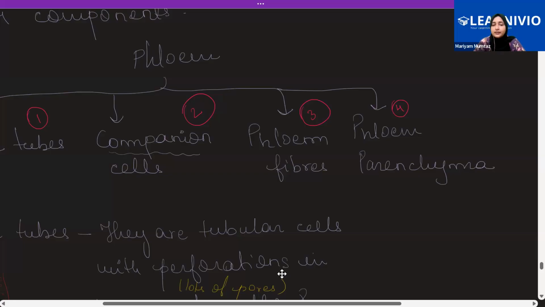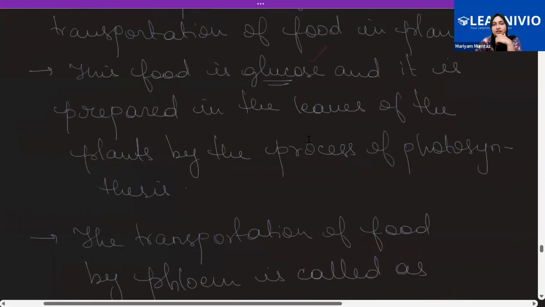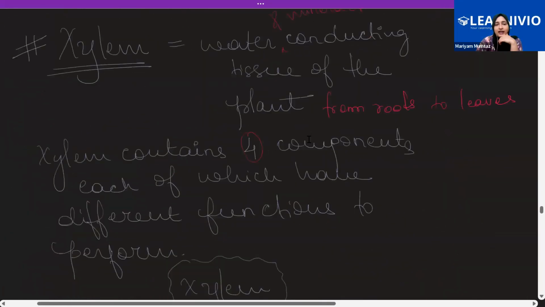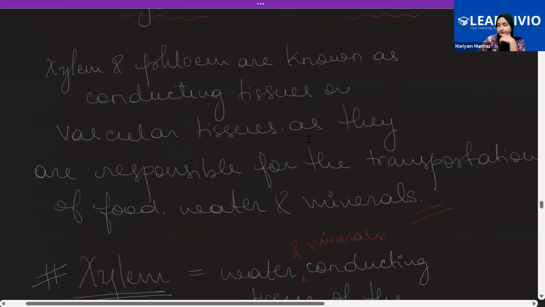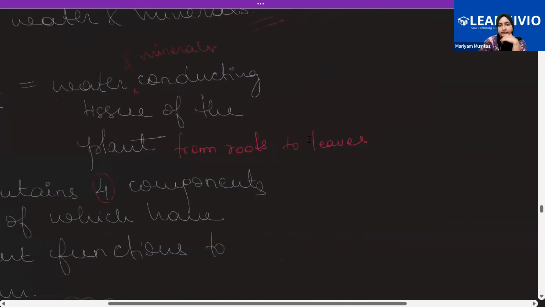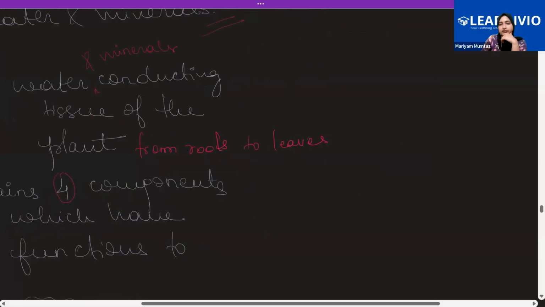So always remember that the transportation of water by the xylem is always going to be unidirectional, whereas the transportation via phloem is going to be bidirectional. So I'll mention that also. Wherever you have written about the xylem, you can add one more line. After this point, like water conducting part, you can write.